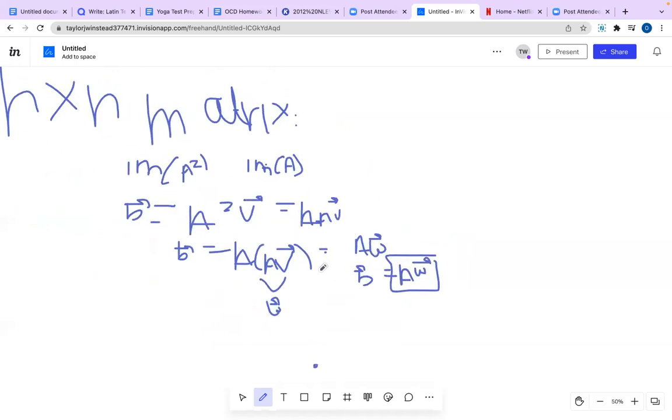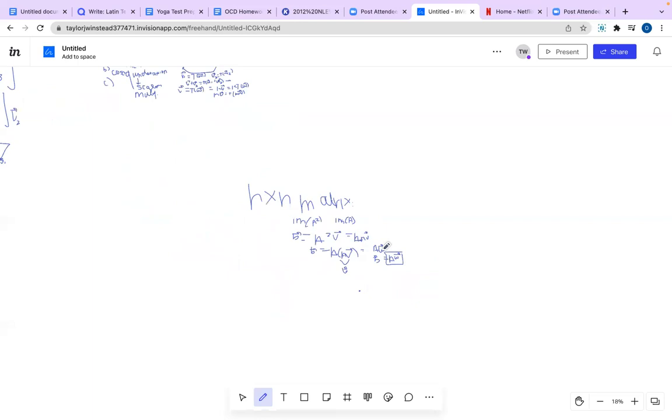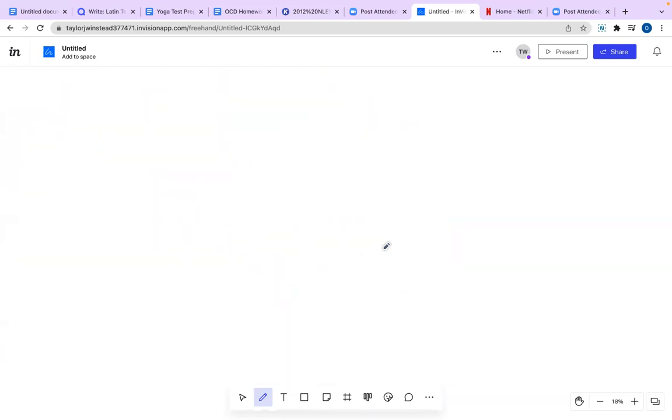The overall point is that the way we proved that the image of A squared is a subset of the image of A is that we took A times AV and turned AV into a vector itself. The image of A is equal to A times a vector, and we've proved that A squared V can be turned into A times a vector. So that's a tricky little theorem.